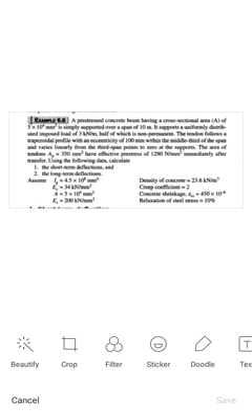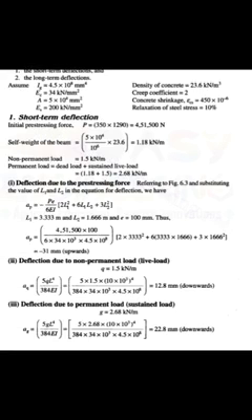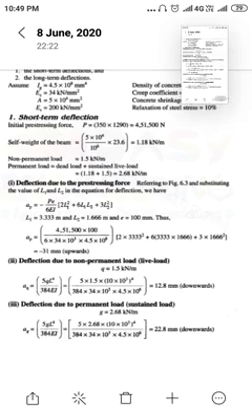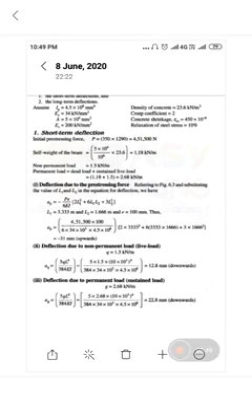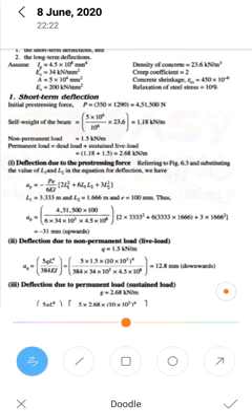So after finding the area, here you can see 1290 into 350, if you multiply, you get the value of 451,500 Newton.